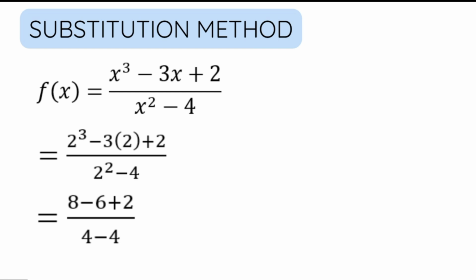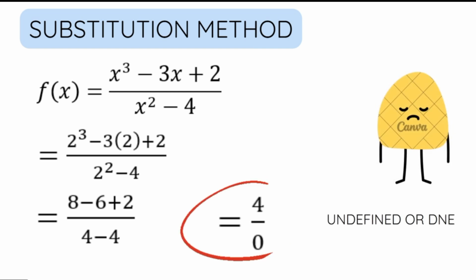Negative 3 times 2 turns into negative 6. 2 to the power of 2 turns into 4. 8 minus 6 plus 2 becomes 4. 4 minus 4 becomes 0. Since we get 0 as the denominator, the function becomes undefined.